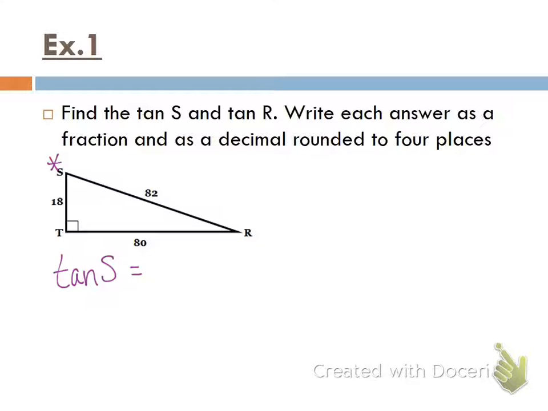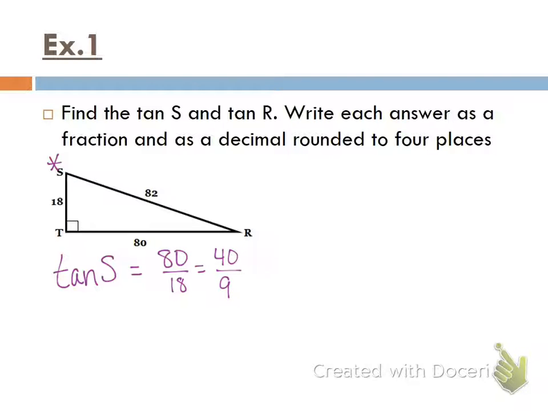Tangent is opposite side over adjacent side. So what side is opposite angle S? 80. What side is adjacent? 18. That will reduce, so we should reduce it. What does it become? 40 over 9. So there it is as a fraction.